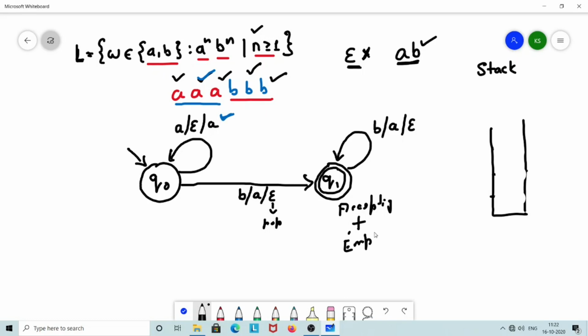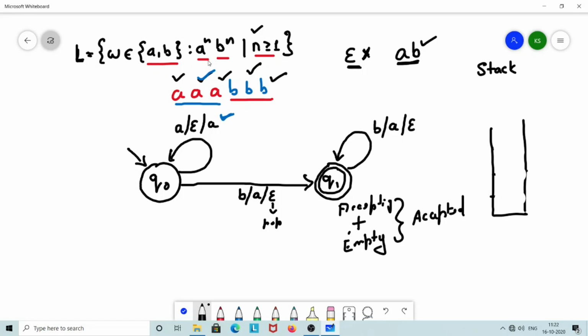And these are the two necessary conditions for a PDA to accept a string. So the string is accepted. This is how we solve the problem by constructing a PDA for this particular language.